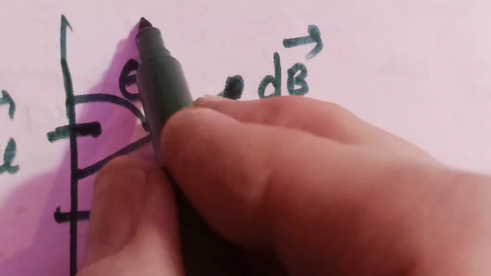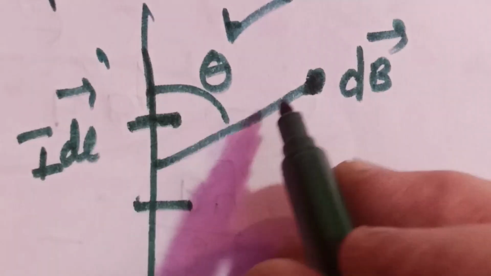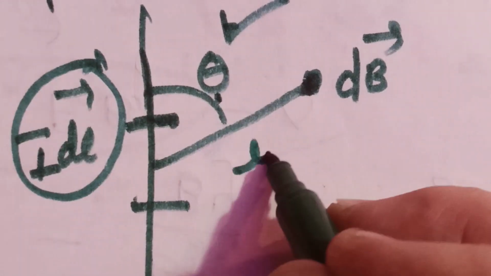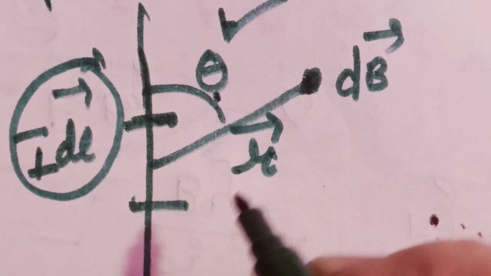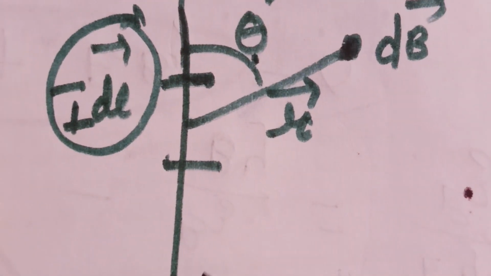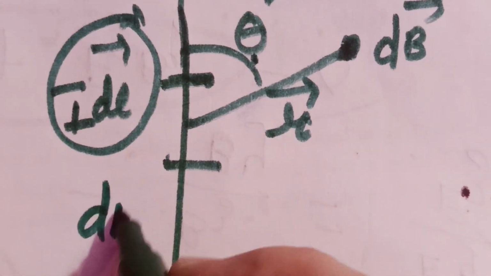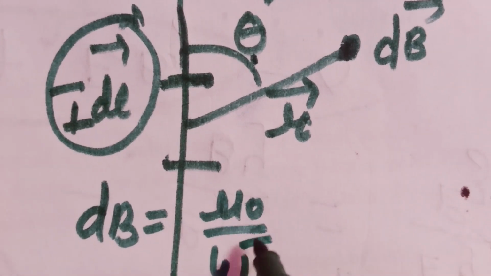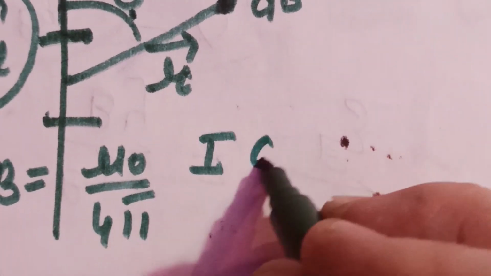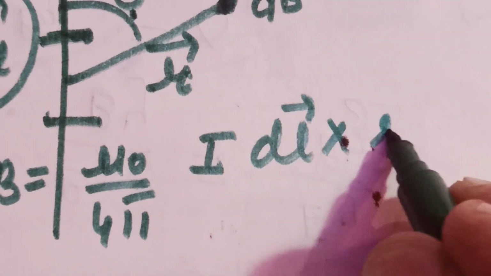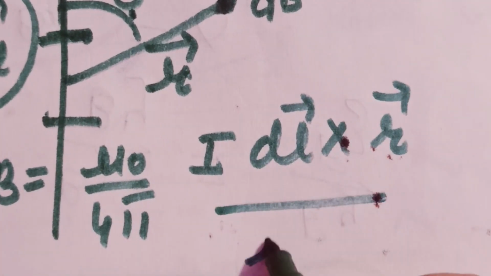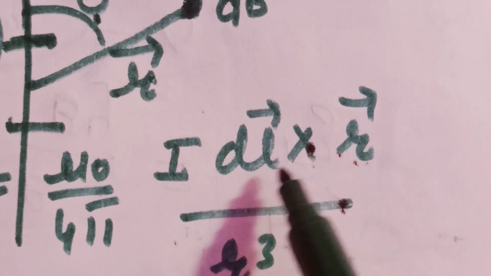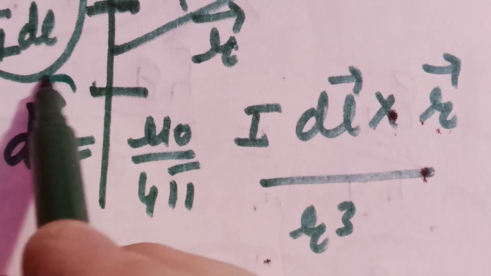Theta is the angle between I dl and r vector. As Biot Savart law is dB equals mu naught upon 4 pi I dl vector cross r vector upon r cube. Now what is the direction of dB vector?